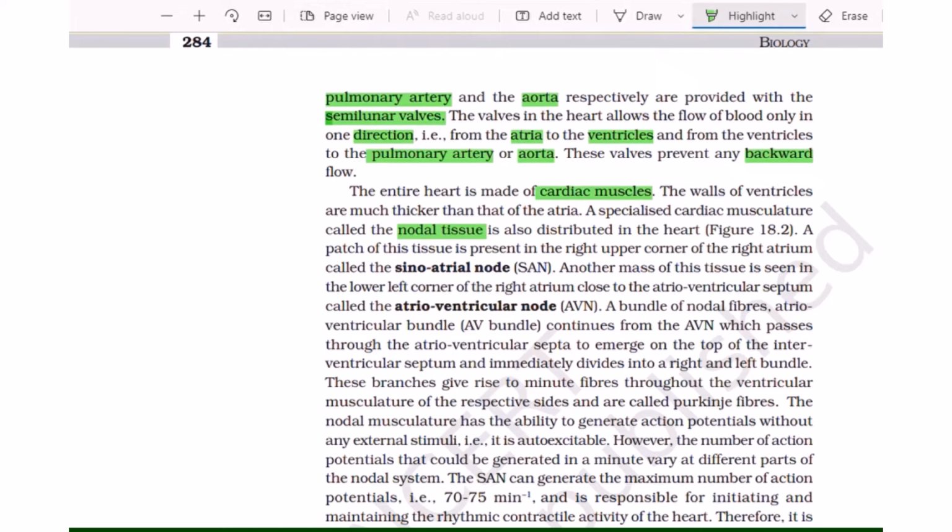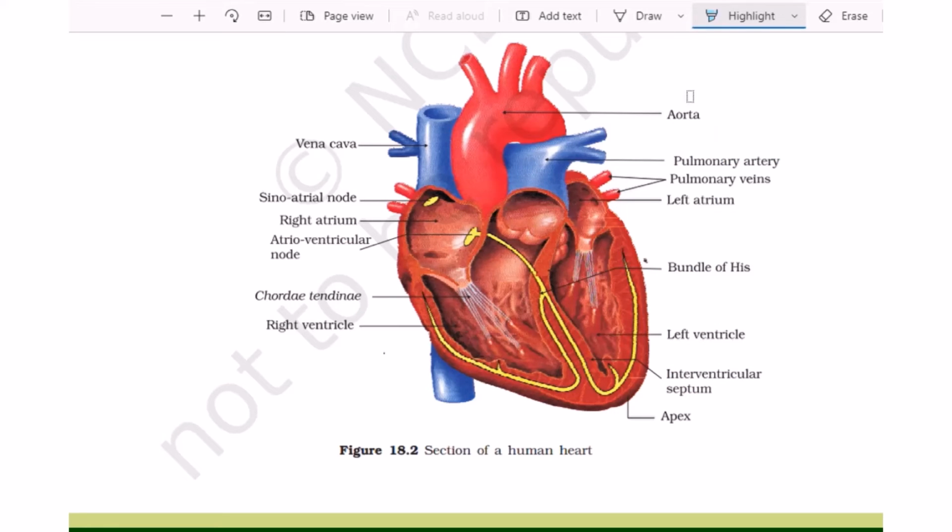Now let us look at the diagram once again, and there are two nodes over here, that is the sinoatrial node and the atrioventricular node. These are the two nodal musculatures of the heart. The sinoatrial node is named so because it is at the junction of the sinus, this body cavity over here, and the atria.